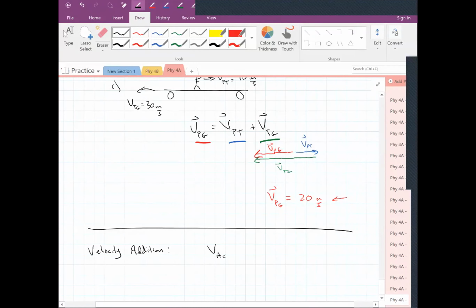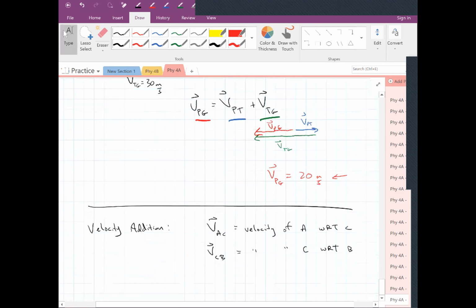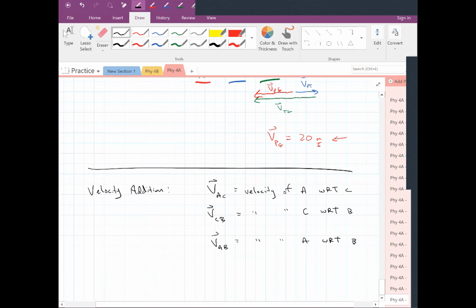If the velocity of A, this is the velocity with respect to C, this is the velocity of C with respect to B, and we want to know the velocity of A with respect to B. Okay, we know the velocity of A with respect to C. We know C with respect to B. We want to know A with respect to B. So the formula is the velocity of A with respect to B is the velocity of A with respect to C plus C with respect to B. This is a vector addition formula.